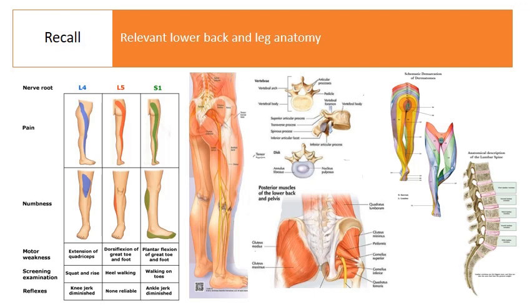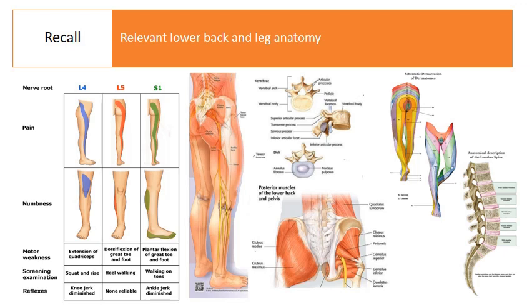When you get pain in these particular distributions, taking the L4 nerve root, you can see that in purple. You can see the distribution of it, where it starts off in the lower back, goes on the lateral thigh, comes over the anterior knee and into the foot. The L5 initially starts off in the lower back, comes more on the posterolateral part of the thigh, to the back of the knee, down the lateral part of the calf.